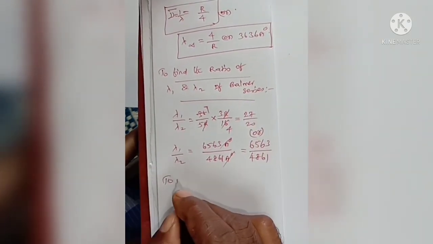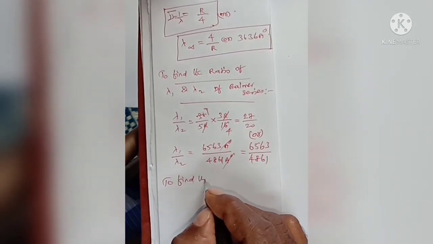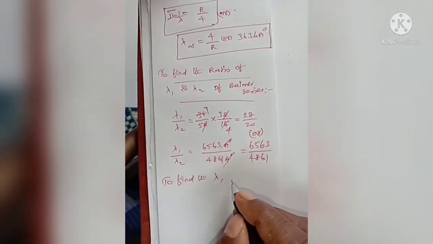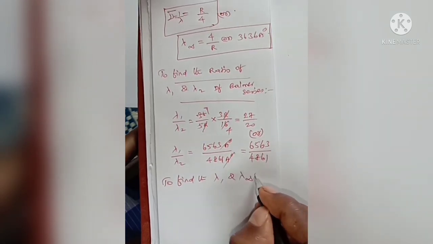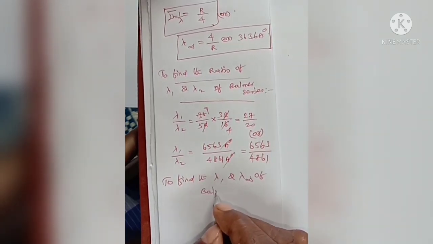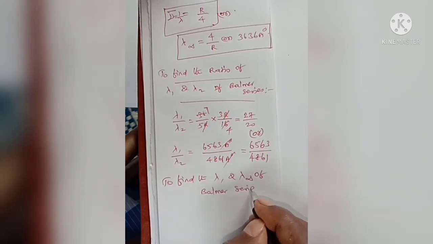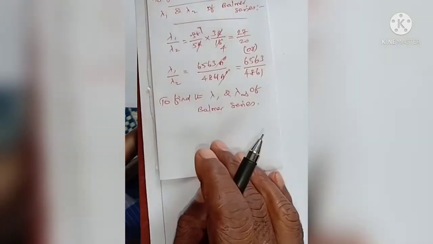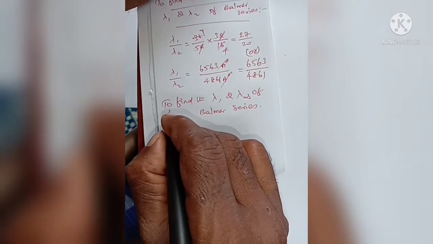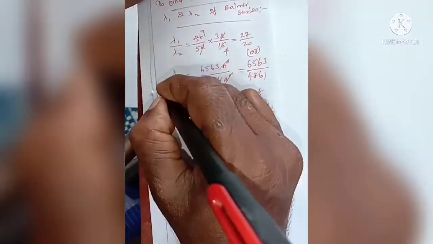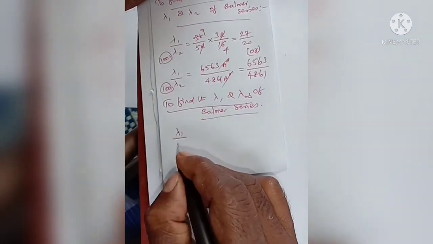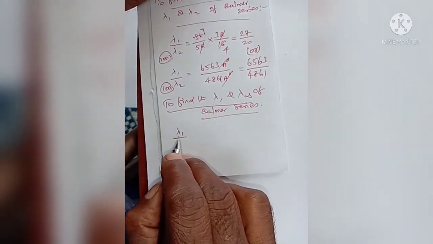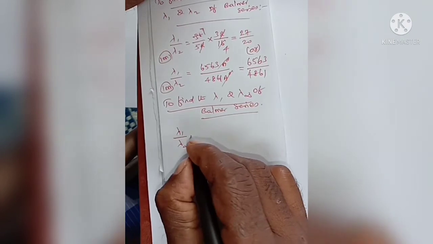Next, to find the ratio of the first line of Balmer series and the series limit of Balmer series.